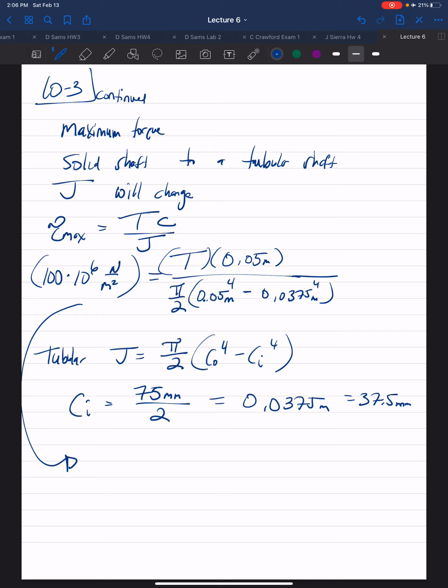and plug them into our calculators and solve for T, you get your torque for the hollow shaft to be 13.4 kilonewton meters. And this is for the hollow shaft.